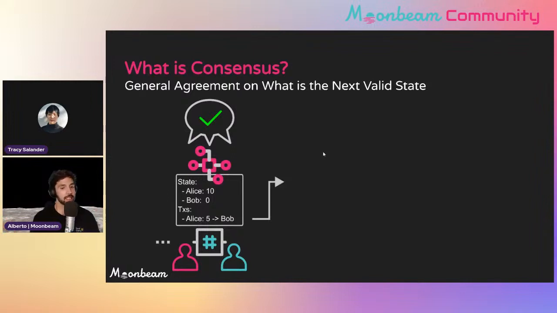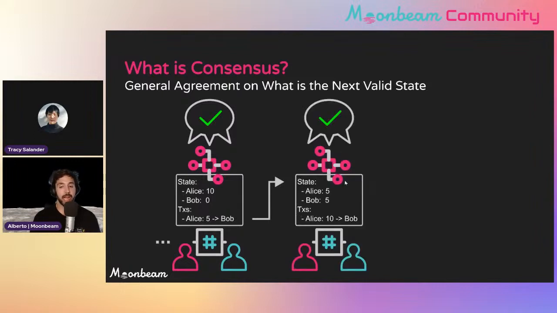And in this list of transactions, we're saying that Alice sends 5 tokens to Bob. Okay. And so if you think about it, if you then calculate, the next valid state is going to be that Alice has 5 tokens and Bob has 5 tokens. And then there has to be a way, proof of work, proof of stake, that everyone can agree that the next state is Alice has 5 and Bob has 5.